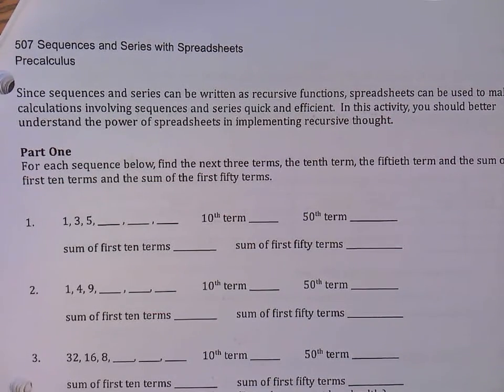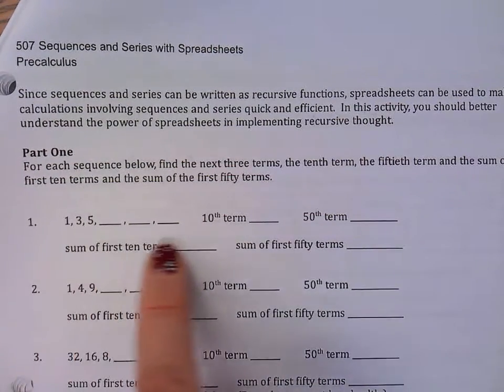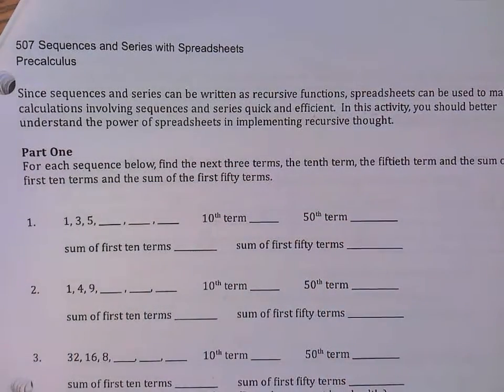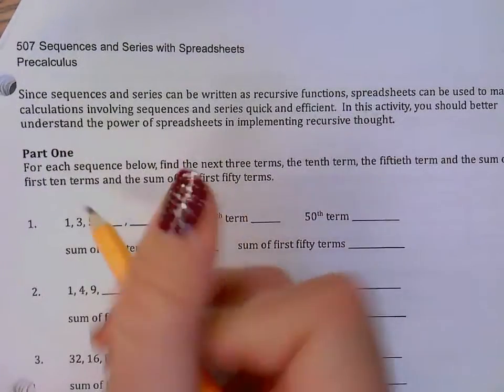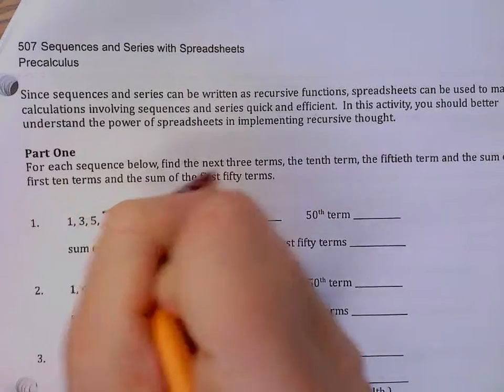So based on the quiz we just took, we should be able to do this whole first line without needing our spreadsheet, right? So what's the pattern? What's it doing? Yeah, just going up by 2 every time. So I know that this is 7, 9, and 11.